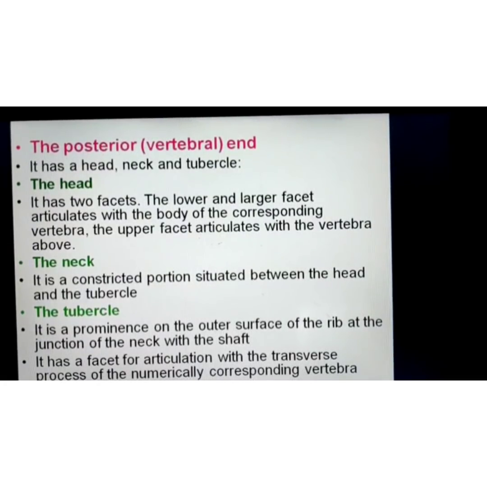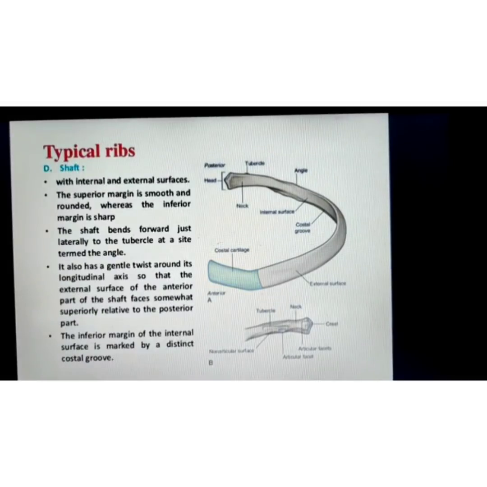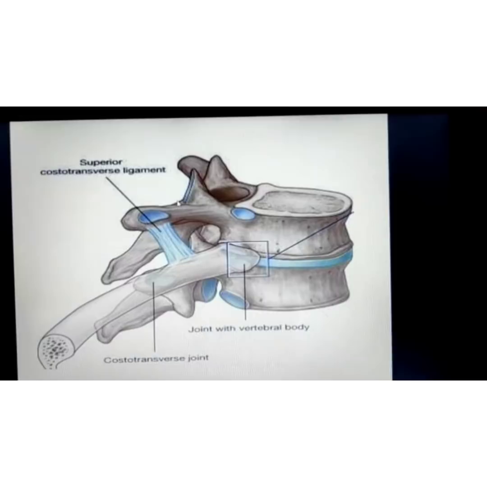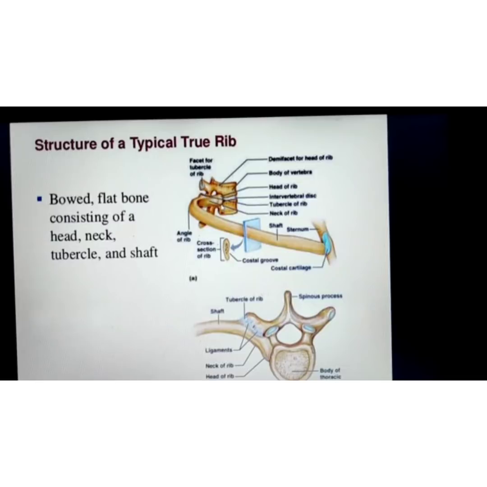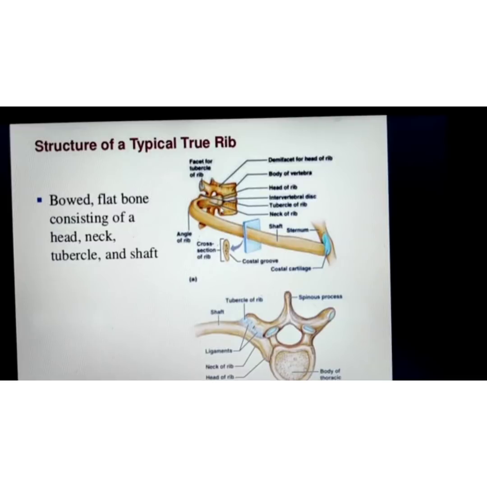Now the head of a rib has two facets: the upper articular facet and the lower articular facet. The lower and larger facet articulates with the body of the numerically corresponding vertebra.